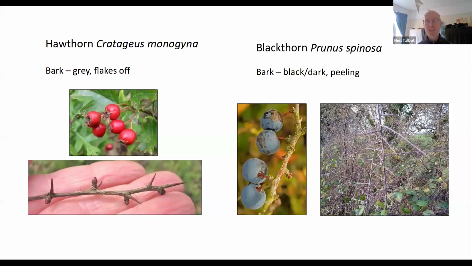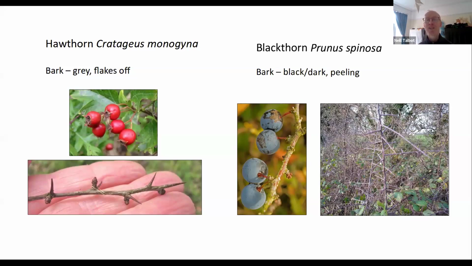So I'm going to move on to look at a few different species in a little bit more detail now. So firstly, I think some people get hawthorn and blackthorn mixed up. It's easier to get them mixed up in the winter than it is in the summer.